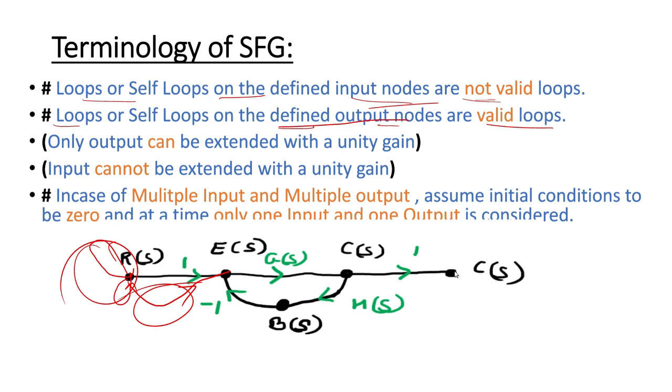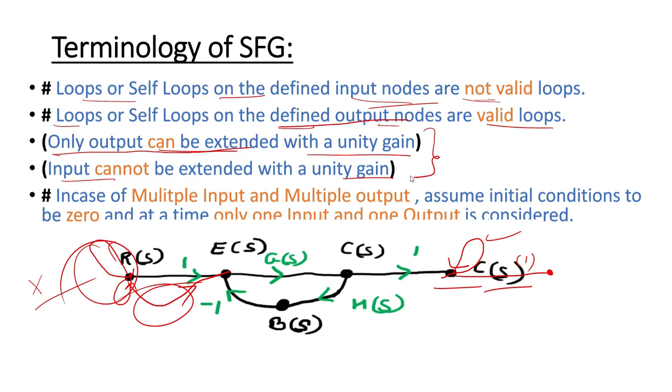So if you have a loop like this here, then you can see that we will extend this C(s) by unity gain. Therefore, this loop will become valid. Only output can be extended with the unity gain. Input cannot be extended with a unity gain. This is the difference. It can be asked in many examinations.